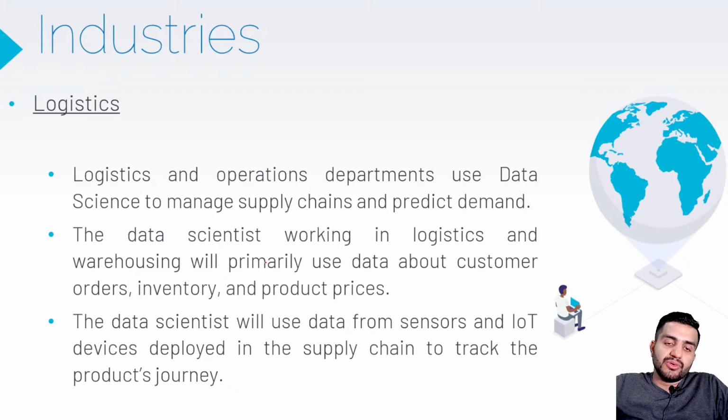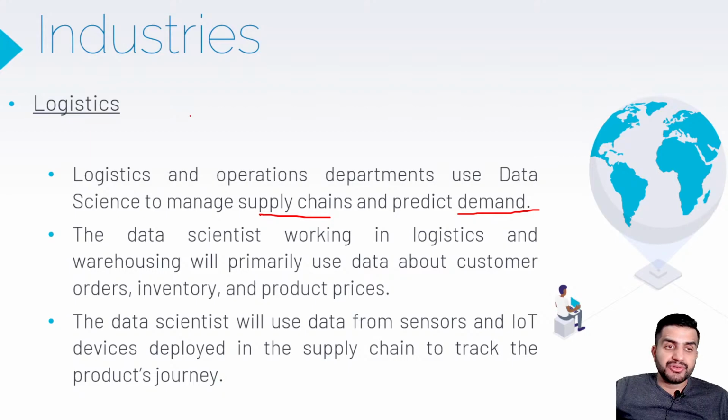If I'm not able to meet the demands, how will I generate the revenues, right? So meeting and managing the supply chains, the logistical support, the warehouses, and at the same time predicting my demand. I'm not overproducing anything, and at the same time I'm not underproducing anything.